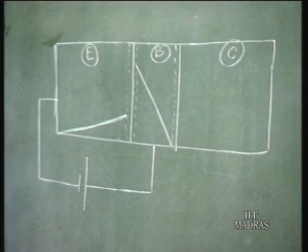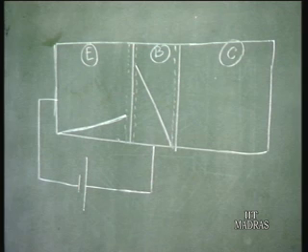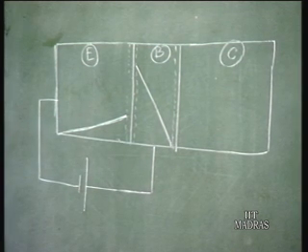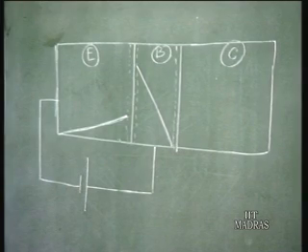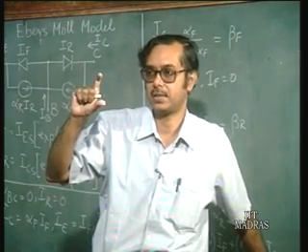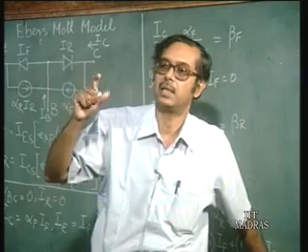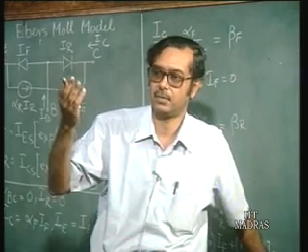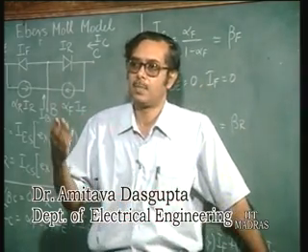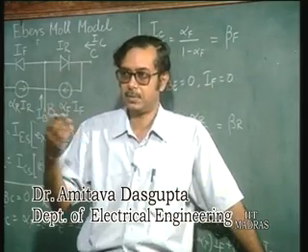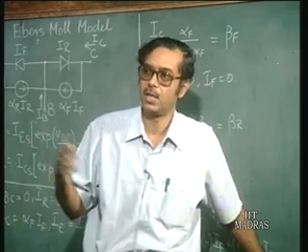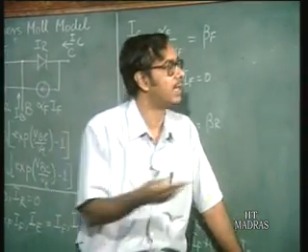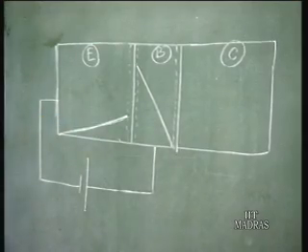Only thing we have considered the profile to be of a short base diode. That is, the profile changes linearly, which is true in all modern day devices, because the actual size of the device in all modern day integrated circuits would be much less than 10 microns. Even much less in some cases, whereas the diffusion lengths are much larger. So, we can always assume that these profiles are linear.